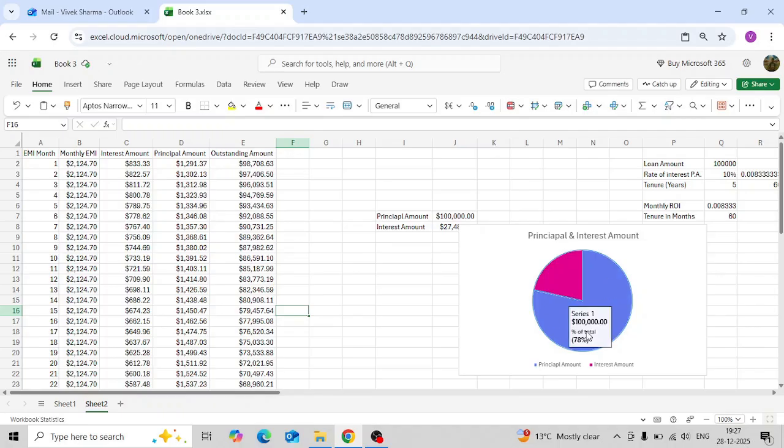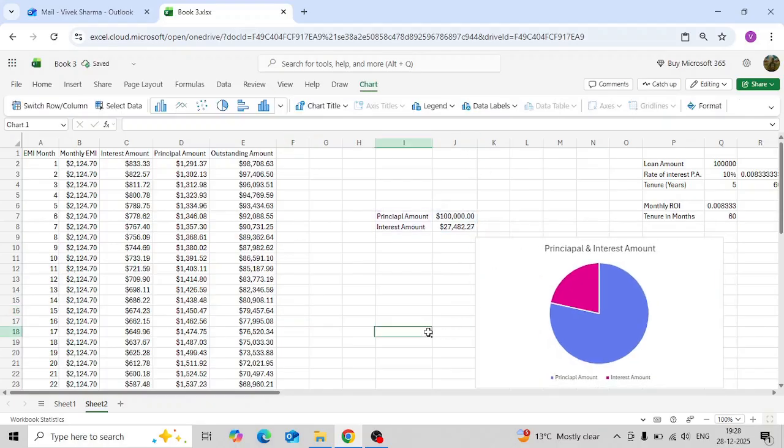The blue one is the principal amount and the pink one is the interest amount. So this much amount of interest we'll be paying during the 5 years.